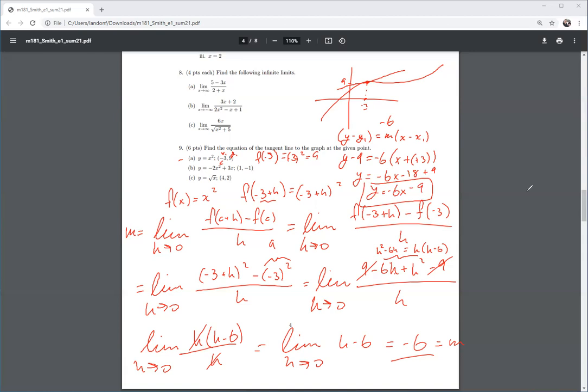Does the answer key say something different in the studio? Okay. Oh yeah, I see what you're saying. It's minus 6x plus 27. It seems as if they added these two numbers rather than subtracting them. Let's double check that.